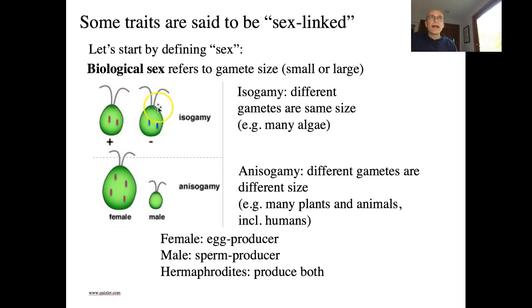Many algae have isogamous inheritance. And then there's anisogamy, and that means that there is a small and a large gamete. So in many cases, that is then referred to as the male or the female, because the male has the small gamete and the female has the large gamete, the egg.